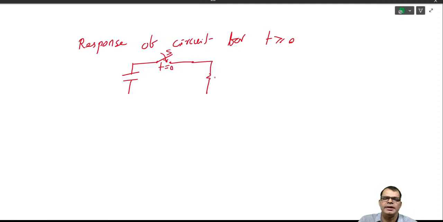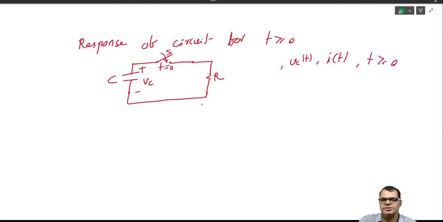You have a resistor, and the capacitor's initial voltage Vc(0-) is equal to Vc. This is the capacitor C, and the switch closes at t equal to 0, and we need to find Vc(t) for t greater or equal to 0.